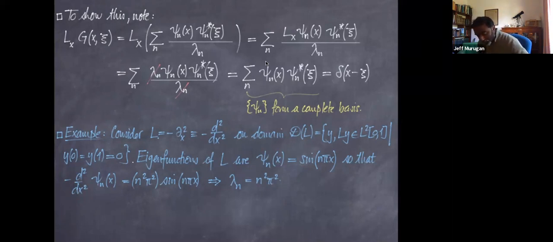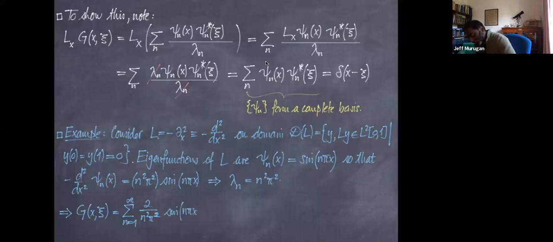Great, so now we know what the eigenfunctions are, we know what the eigenvalues are, and we can immediately read off, from my previous claim, that the Green's function G of x and xi is just the sum from n equals 1 through to infinity of 2 over n squared pi squared sine n pi x sine n pi xi.